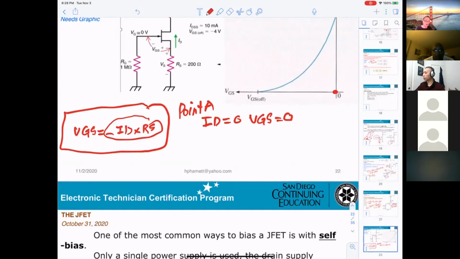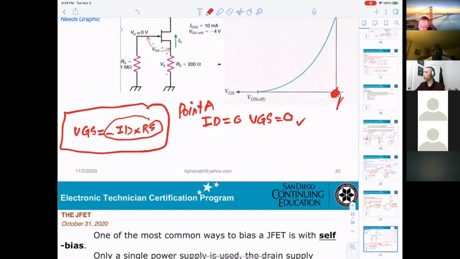If ID is 0, then what does VGS equal? That is also 0. I already gave it to you right here, right? Yes. So the first point I wanted is this point right here.